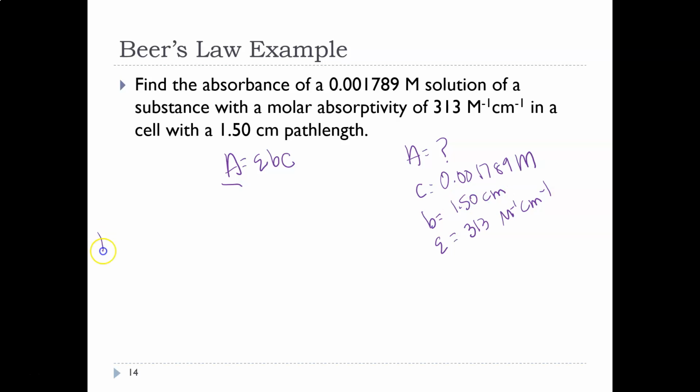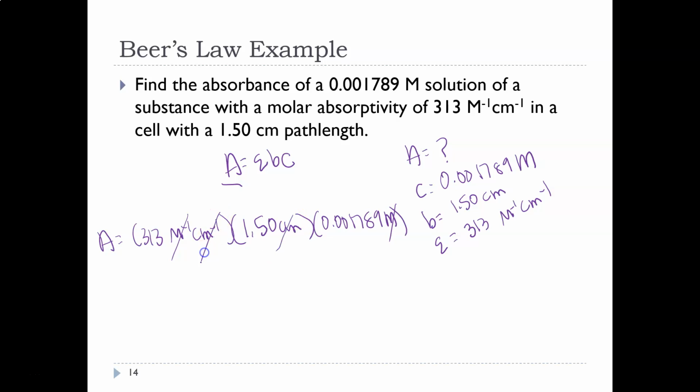So I don't know absorbance. The extinction coefficient or the molar absorptivity is 303 inverse molarity inverse centimeters. The path length is 1.50 centimeters. And the concentration is 0.001789 molarity. Before I grab my calculator, looking at the units, molarity and inverse molarity will cancel. Centimeters and inverse centimeters will cancel.